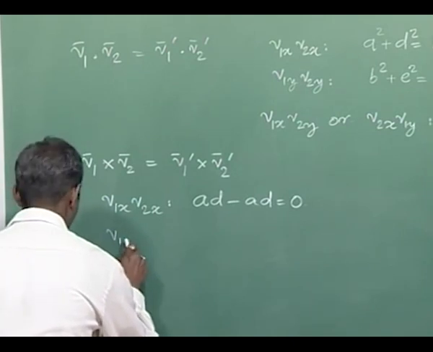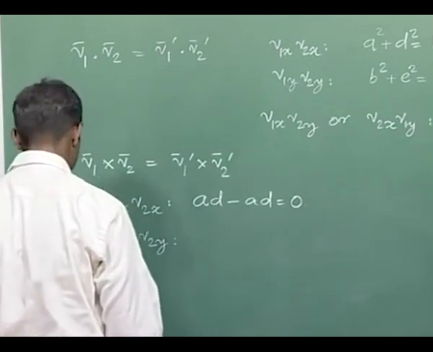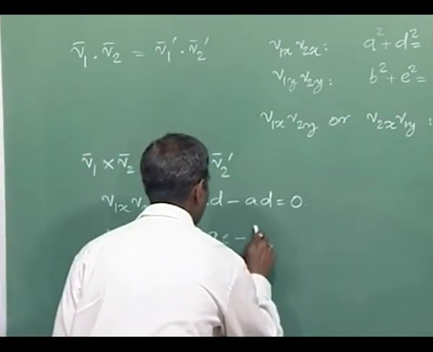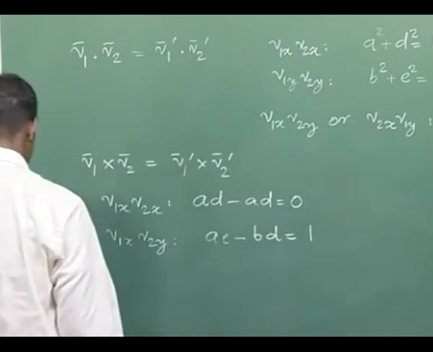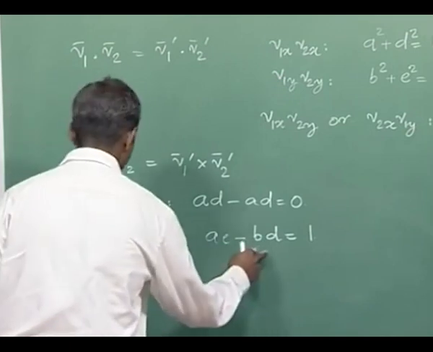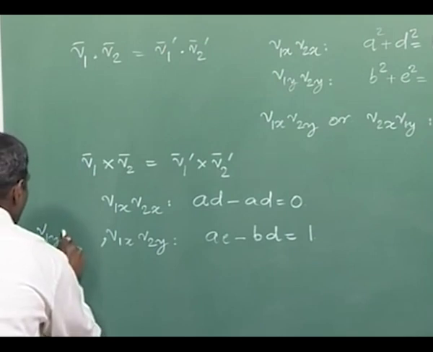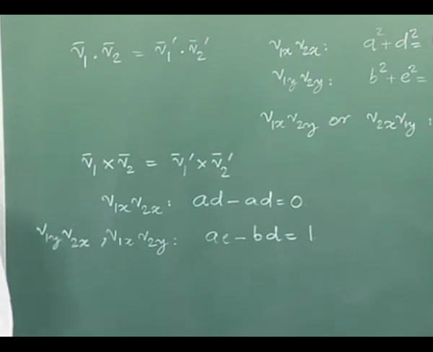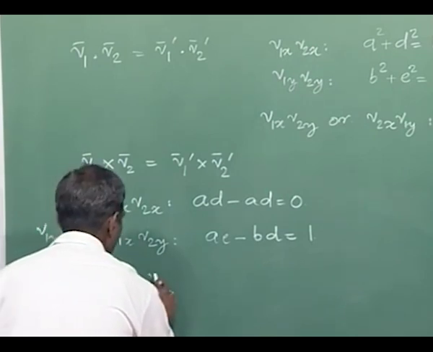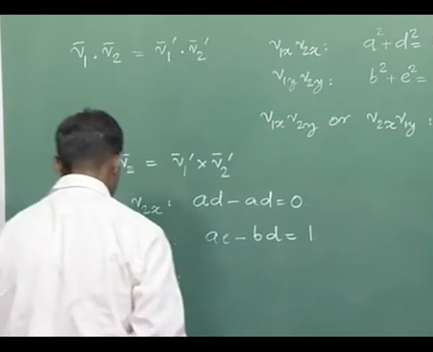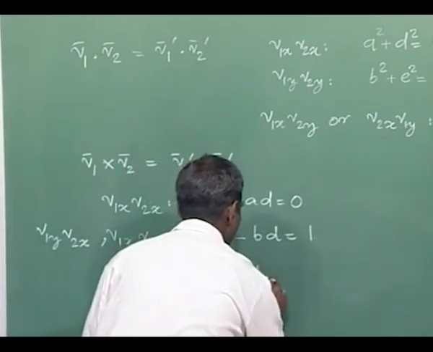For the terms v1x, v2y, we get ae minus bd equals 1. We get the same relation if we compare v1y, v2x terms, and for v1y, v2y, we get be minus be equals 0.